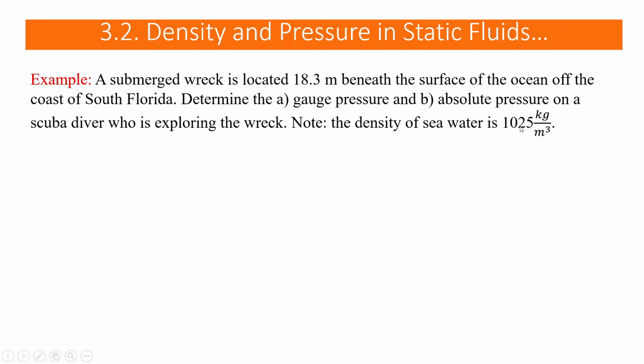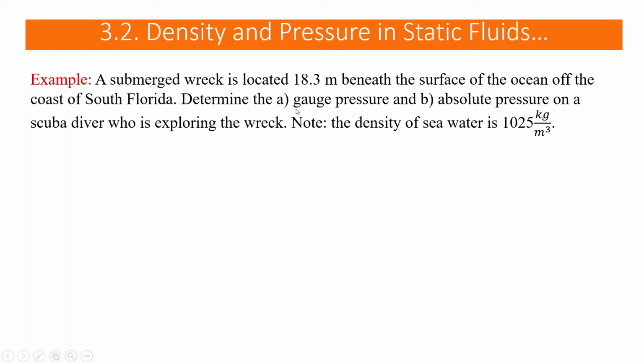As you can see, it is a little bit larger than water at 4 degrees Celsius because of the salty content of the ocean. In reality there is a change in the values of rho when you go downward, so approximately you have to take this one, and it's possible to find the gauge pressure.